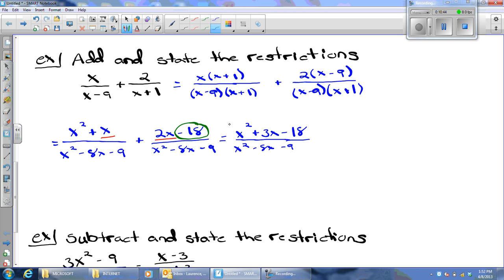But otherwise, this would be your final answer. Okay, and then our restrictions are going to be x cannot equal 9 or negative 1. See, this stuff is not too bad at all.